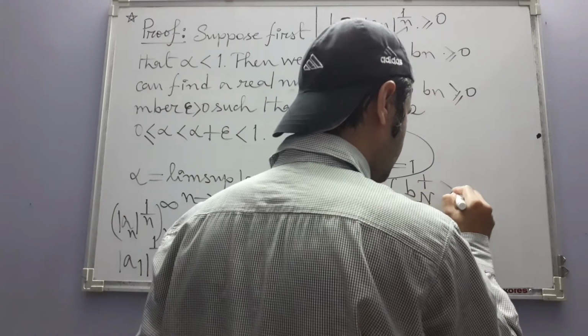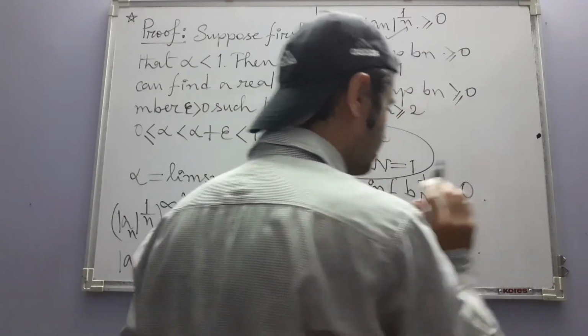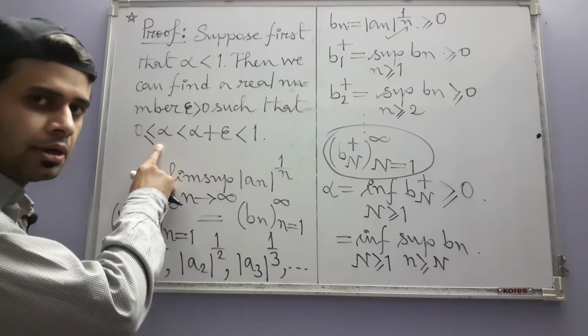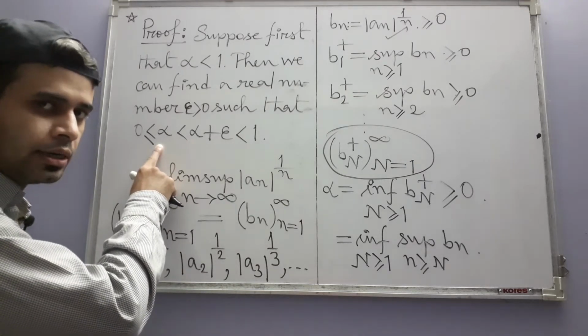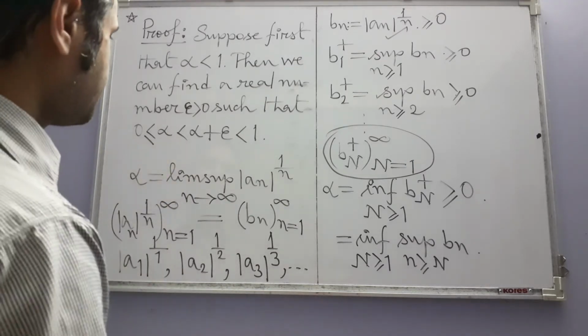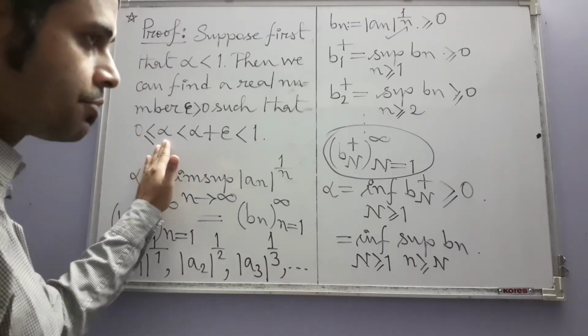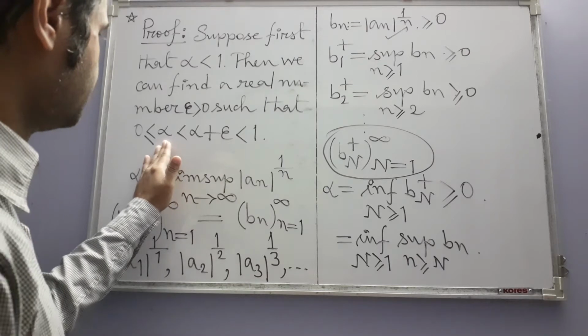So the infimum will be greater than or equal to 0, and that's how we get the fact that alpha is itself non-negative. So that means we now know where this first inequality is coming from.